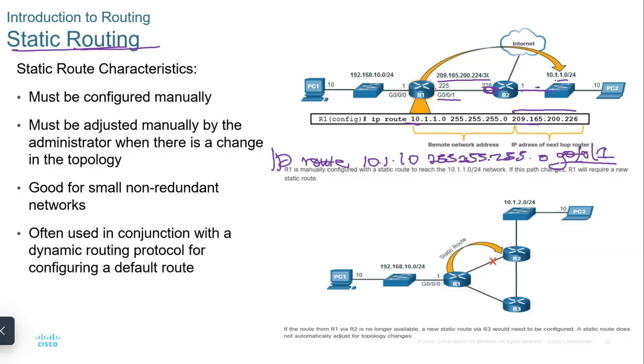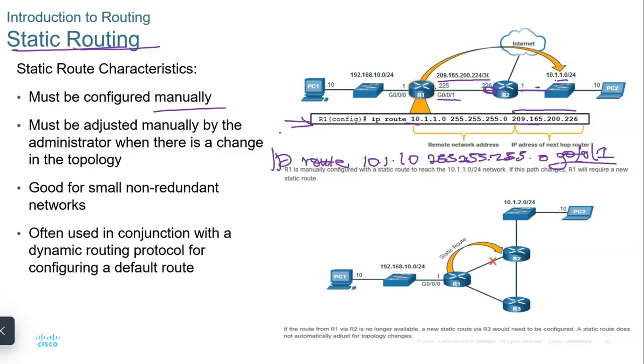So static route characteristics: must be configured manually. This statement has to be done manually. So in case, let's say there is an issue with static route, then that is it. That route won't still be serving its purpose, because something has gone wrong.